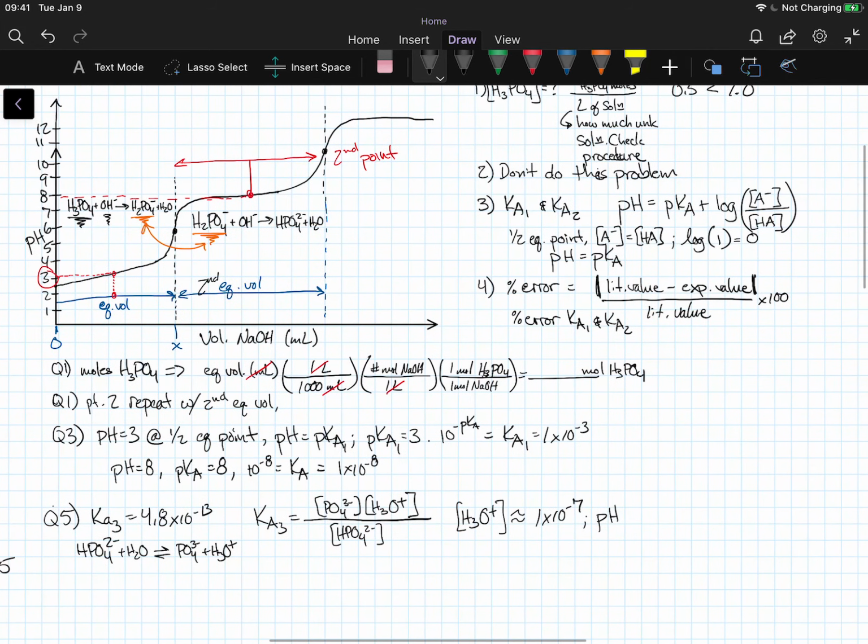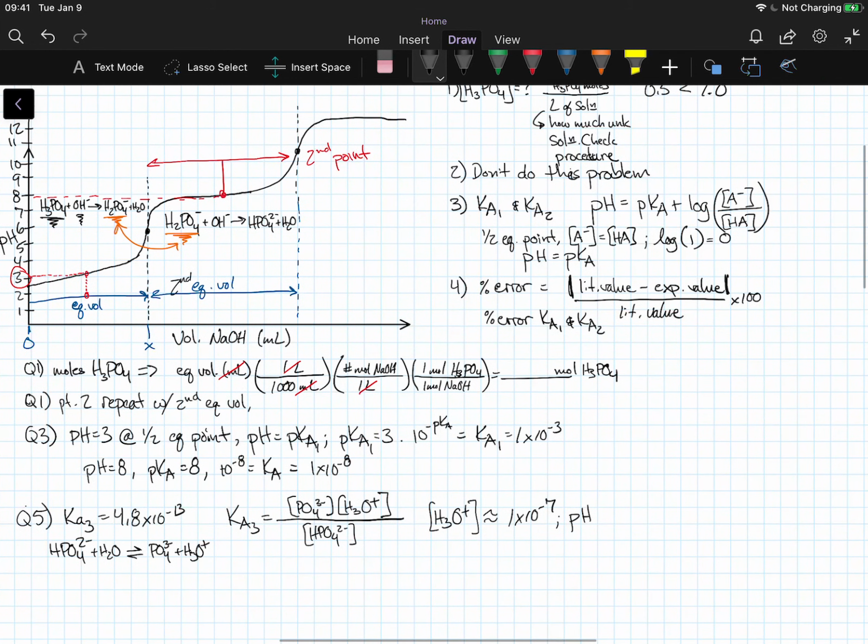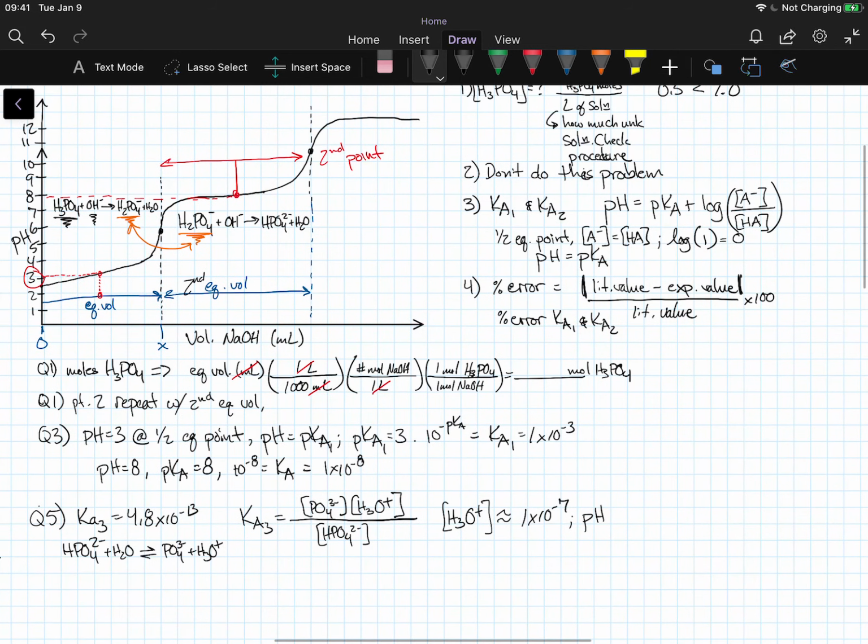It can't tell the difference between that and water. So the pH probe just says there's no change, or that it's so small the pH probe can't really distinguish it. So yes, I'm saying that Ka3 is very, very small, but the reason the pH probe can't see that is that it can't distinguish it from the water.